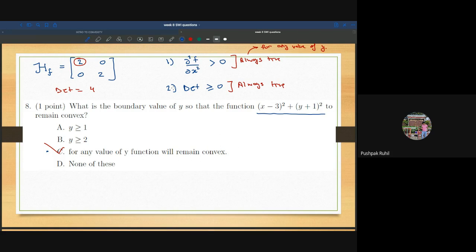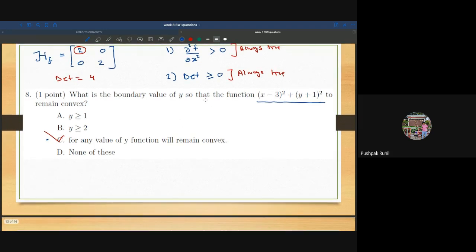Okay, let's say we had some other function for which you were to receive the following Hessian matrix: 2, 0, 0, let's say 2y plus 5. Can you take 2 minutes to find for what value of y this would remain a convex function?